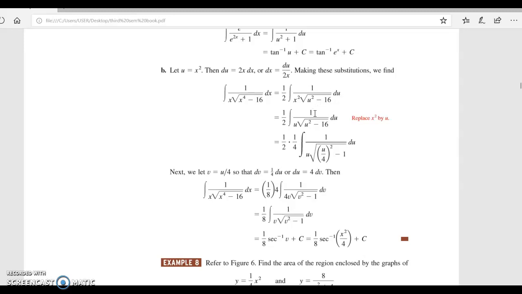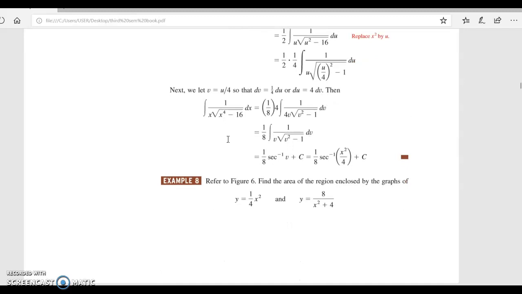Then du equals 2x dx, so dx equals du by 2x. Then it becomes 1 by 2 integral of 1 by x square into root of u square minus 16, that is u into root of u square minus 16. That is 1 by 2 into 1 by 4 into the integral of 1 by u into root of (u by 4) whole square minus 1.